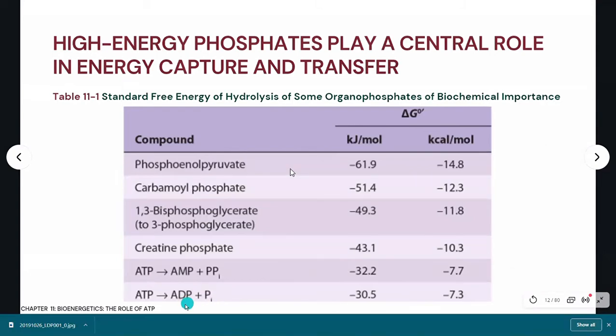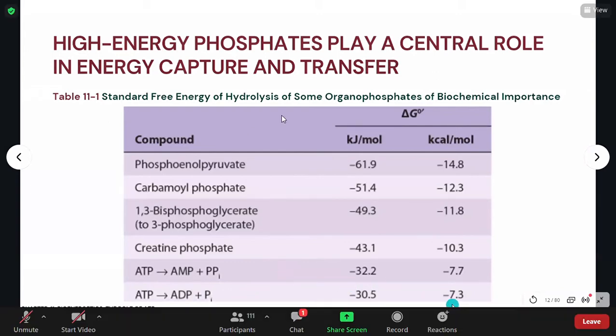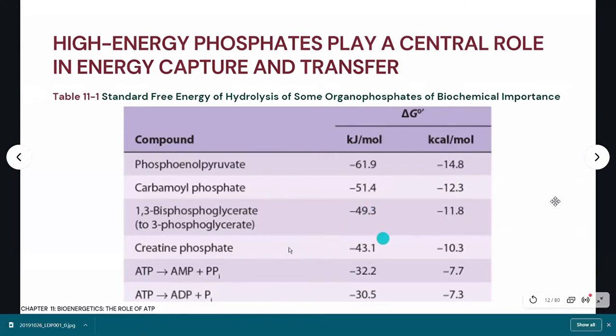To make this into ATP, you need a phosphate higher than 7.3. So you may use phosphoenol pyruvate, or creatine phosphate, which is in the muscle. No? So that's 10.3. You can get that phosphate and add it to ADP to become ATP again.